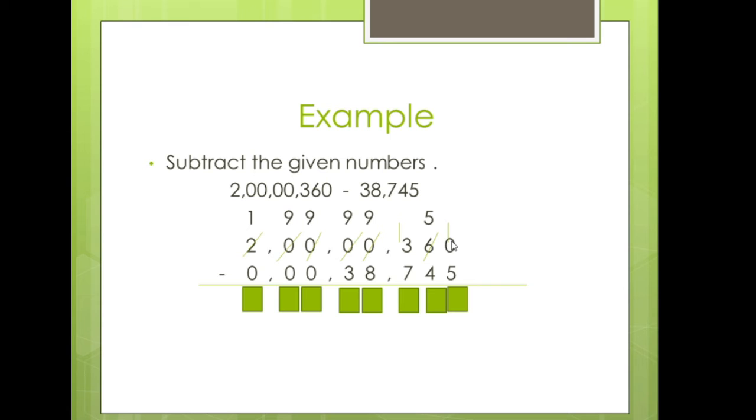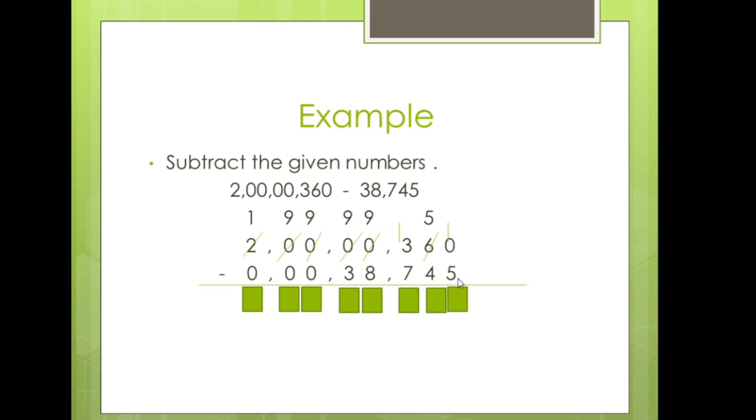Ones or units, tens, hundreds, thousands, 10,000, lakh, 10 lakh and crore. This time this is based on the Pakistani place value chart. Now again I have to check the first number. The upper number should be bigger than the lower number.